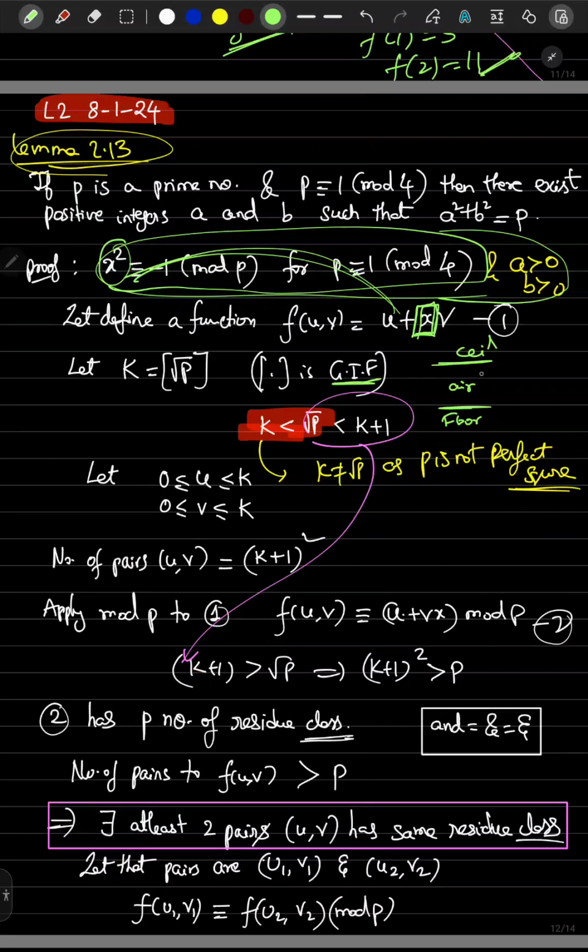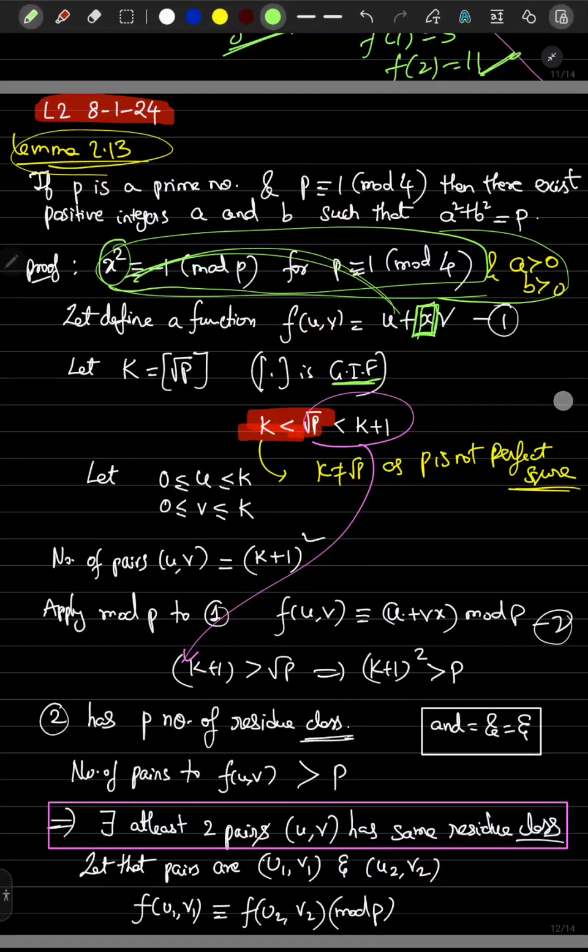Floor function means all values will drop down to the floor, and ceil function means all values will be stepped up to the ceiling. Suppose I have 4.5. What is the floor of 4.5? 4. Ceil of 4.5? 5. Simple things.